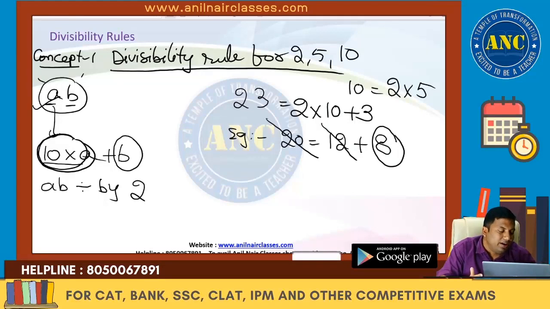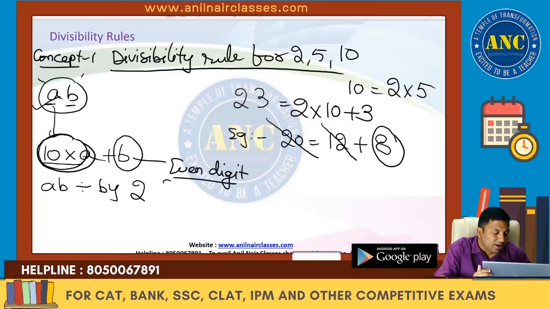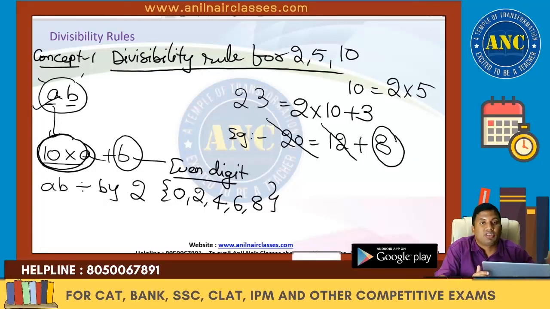B should also be an even digit. That means B can take 0, 2, 4, 6 or 8, because these are the even digits.